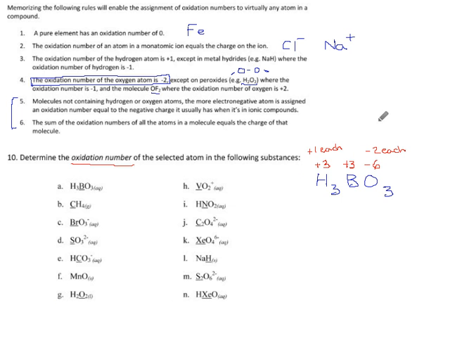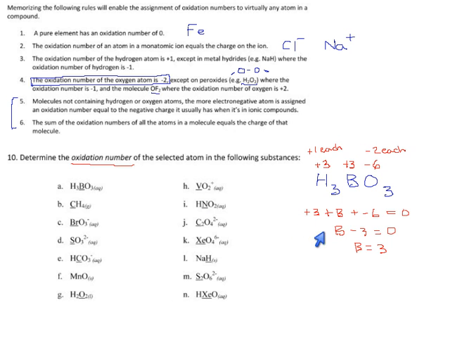If you don't like eyeballing it, you can make an equation out of this and say +3 from the hydrogen plus B, which we don't know, plus -6 from the oxygen adds up to 0. And then you can do algebra to that, and soon enough you will find boron must be +3.